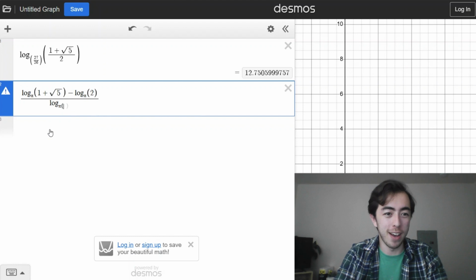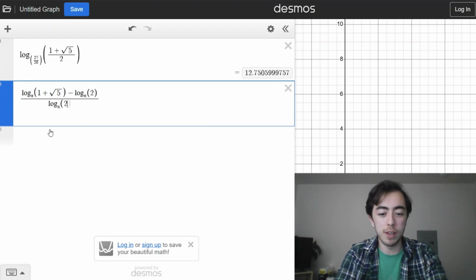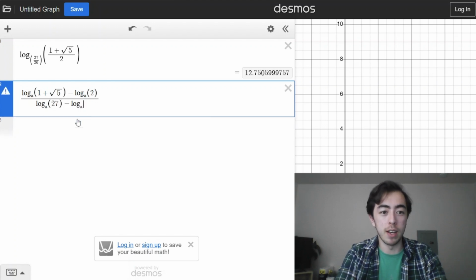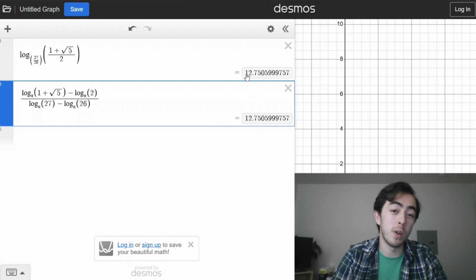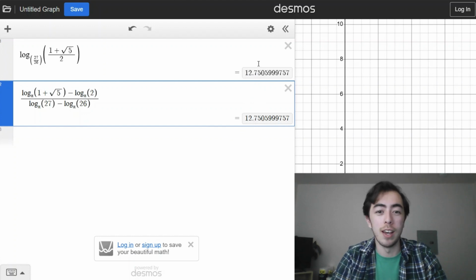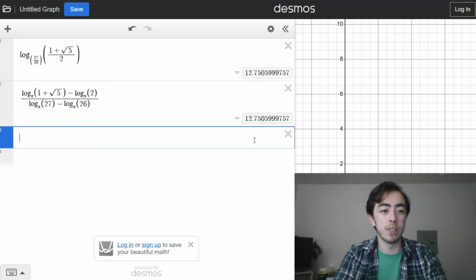Log base pi of 27, and then minus log base pi of 26. We get the same number. There it is. So 12 is too small, 13 is too big, and our actual answer for x is roughly 12 and 3/4, but then rounding it up, we get 13 for today.